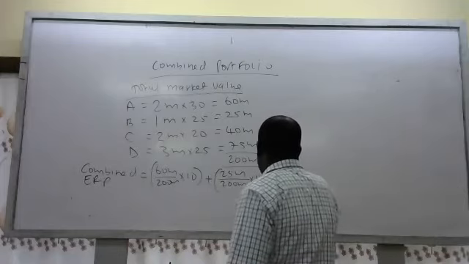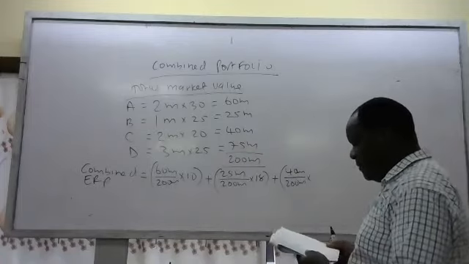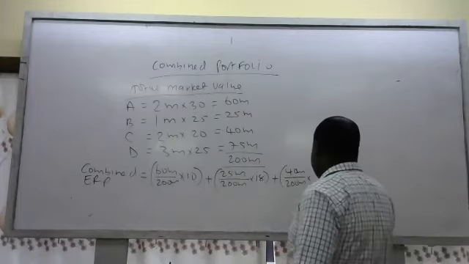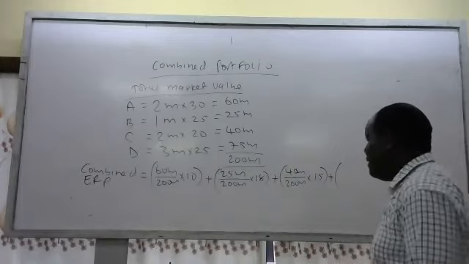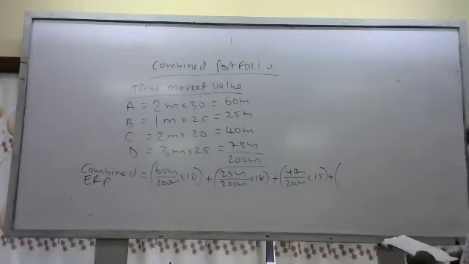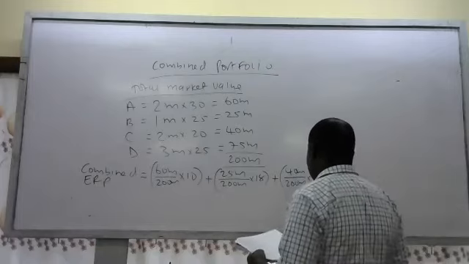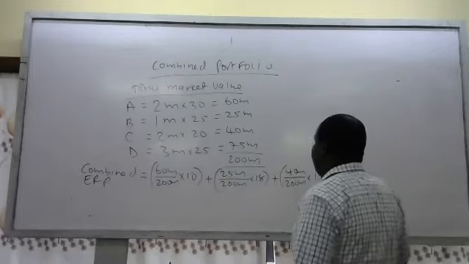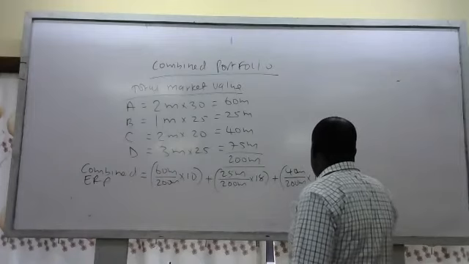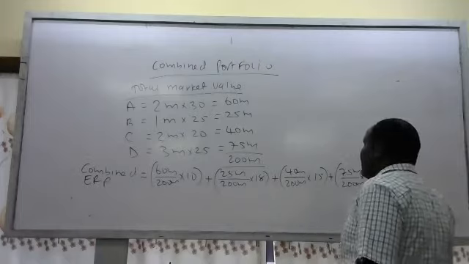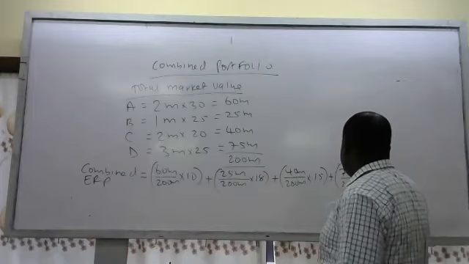We add the next one, which is 40 million, also divided by 200 million, and we multiply by 15. Then we also add the next one, which is 75, also divided by the total 200, then multiply by 13.